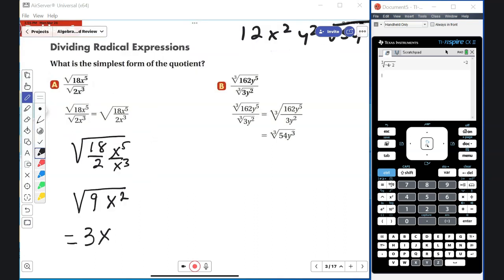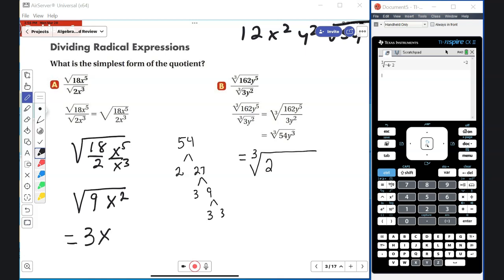Okay, we have the cube root of 54y to the third. So what I'm going to do is a prime factorization tree. 2 times 27 gives you 54. 3 times 9 gives you 27. And then you have 3 times 3, which gives you 9. So I'm going to rewrite this in terms of powers of 3.